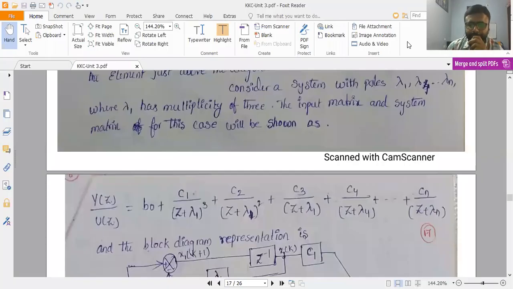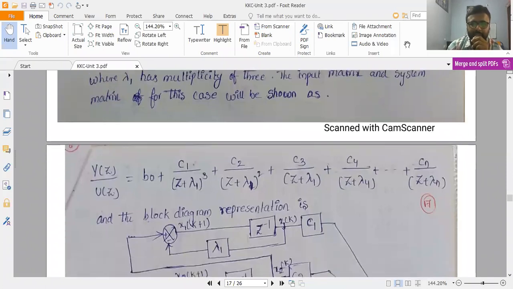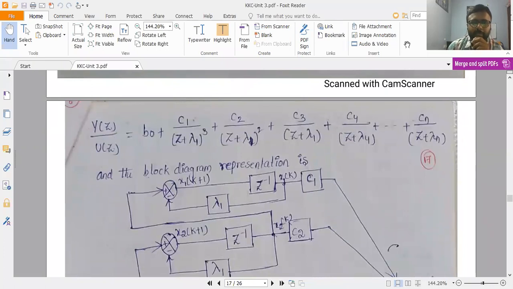In order to represent the repeated pole, we consider a transfer function, that is Y(z)/U(z) equals v naught plus c1 divided by (z plus lambda 1) whole cube plus c2 divided by (z plus lambda 1) whole square plus c3 divided by (z plus lambda 1) plus c4 divided by (z plus lambda 4), and so on up to cn divided by (z plus lambda n). This is the transfer function we have chosen in order to represent the Jordan canonical form.